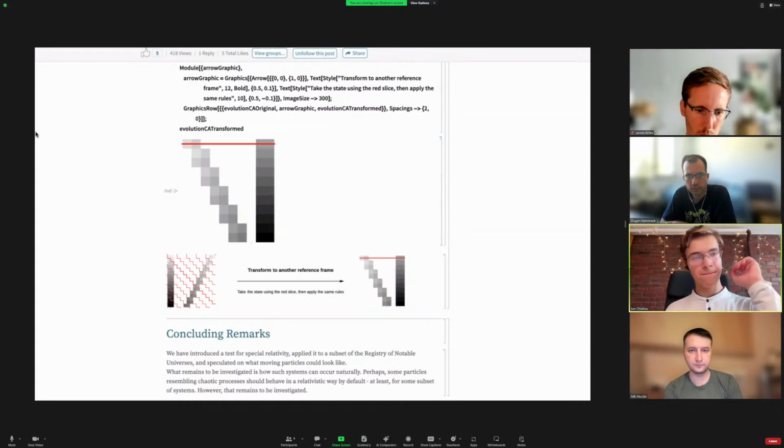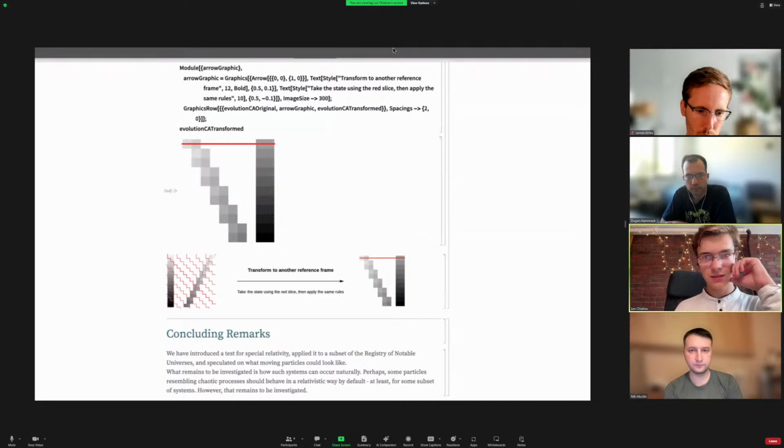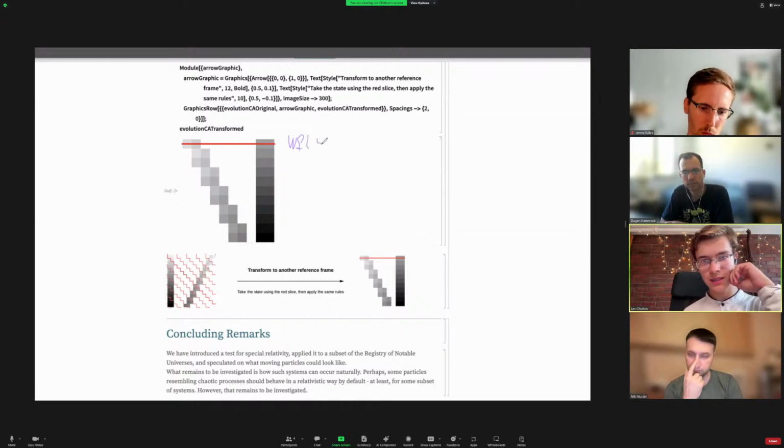So, okay, let's draw this. You take the Wolfram model of some state and some rules, and then you get the causal graph.